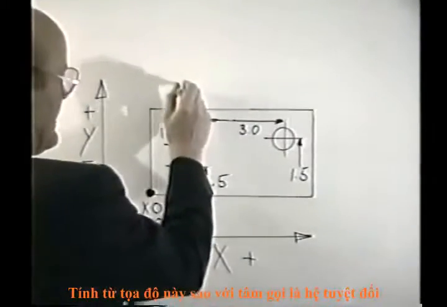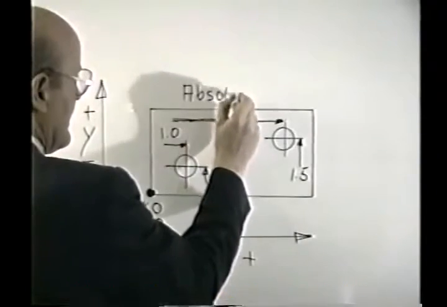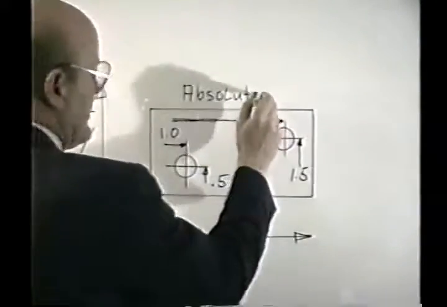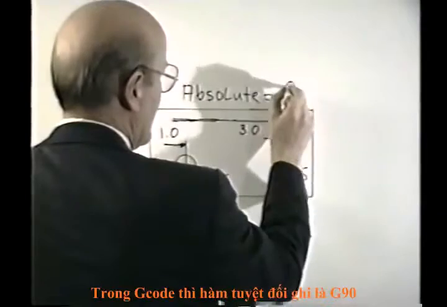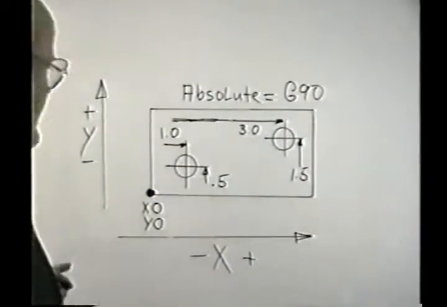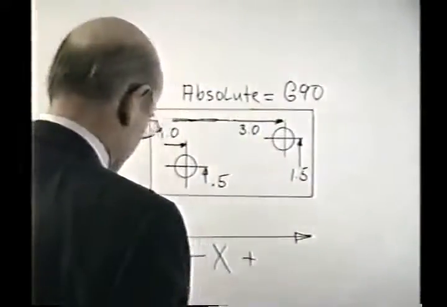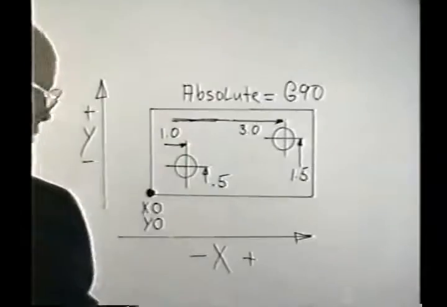This is called absolute programming. Absolute is a term that's represented later by a G code that will look something like this, G90, where all the dimensions come from a common point running this way and in this direction. But we'll get to that a little bit later on.